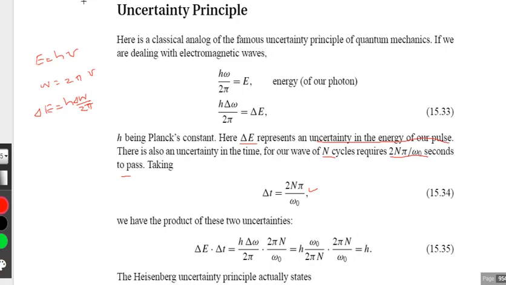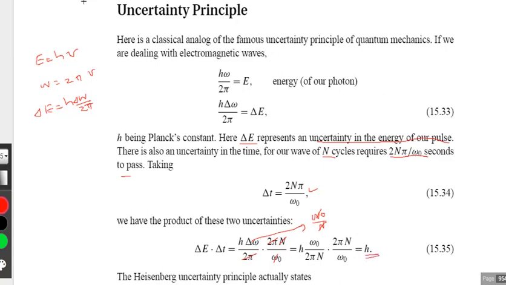Now if you take the product of delta E into delta t, then you will get h delta omega by 2 pi into 2 pi n by omega 0. So you can cancel these 2 pi and 2 pi, and now delta omega is omega 0 by n. So now you can cancel this omega 0 with this omega 0 and n with this n. So delta E into delta t will be equal to h.